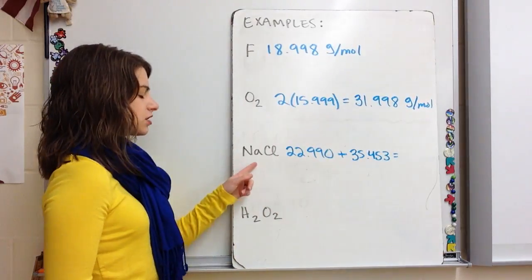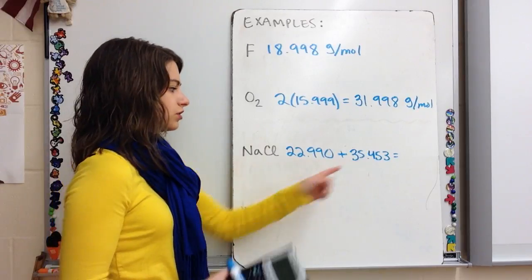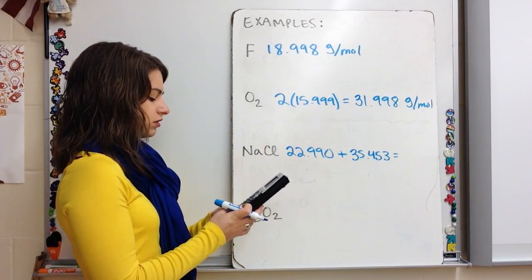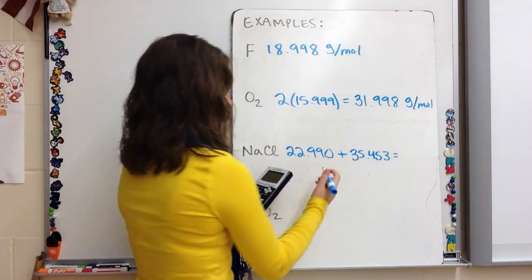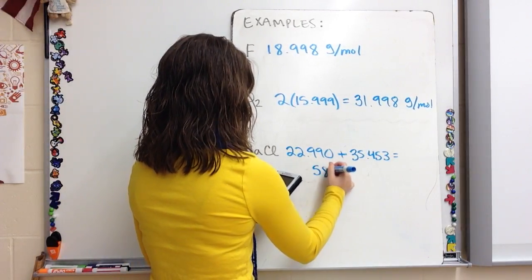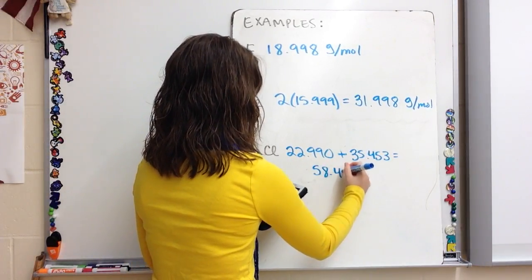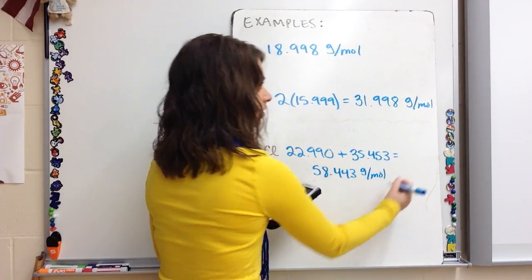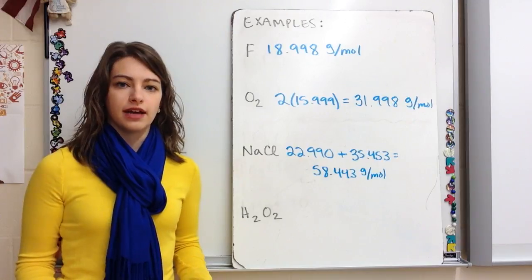So since I have 1 sodium and 1 chlorine, I add those 2 masses together. So I get the molar mass to be 58.443 grams per mole. And that's the molar mass of sodium chloride.